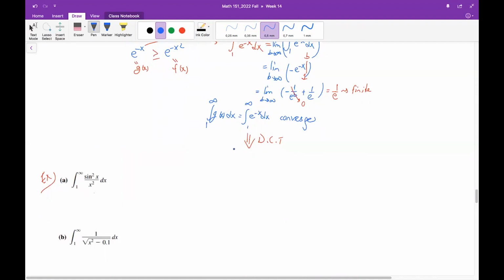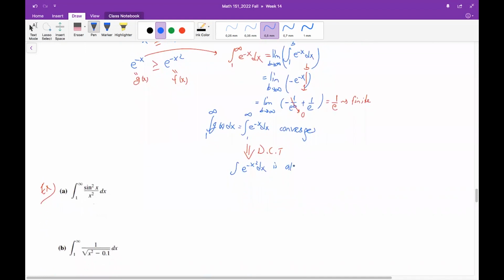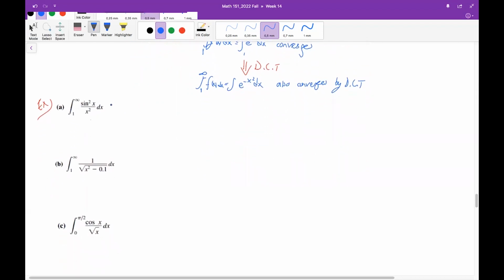So the conclusion is, then the integral with the smaller terms, I know that f of x is smaller, you see, is also convergent by direct comparison test, okay? This is the problem that we started with. That's how you use the direct comparison test. Let's move on with the next example now.